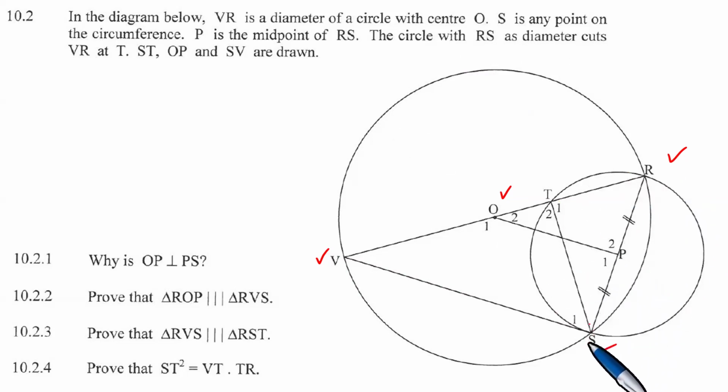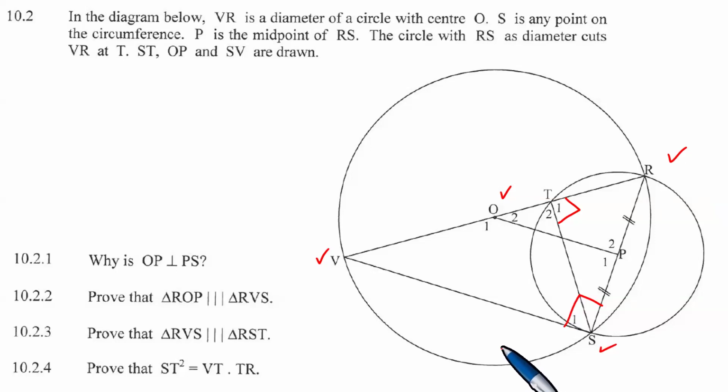So if this RS is the diameter, it subtends an angle of 90 degrees at the circumference. That is what we know. But also, this one, VR, is also a diameter, so it will subtend an angle of 90 degrees at the circumference as well.